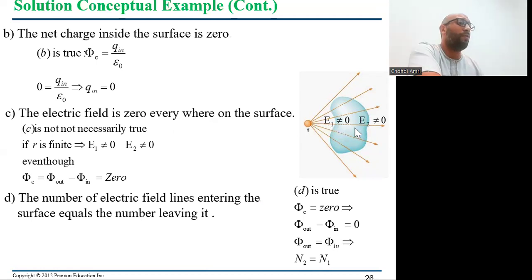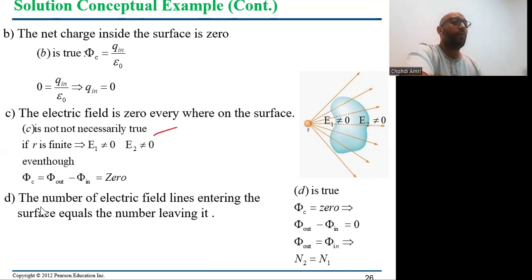For example, we have a point charge outside the surface, and we have electric field penetrating that surface. The total flux can be zero when the number of electric field lines penetrating is equal to the number of field lines leaving that surface. But the field is not always zero. It can be true, but not necessarily.